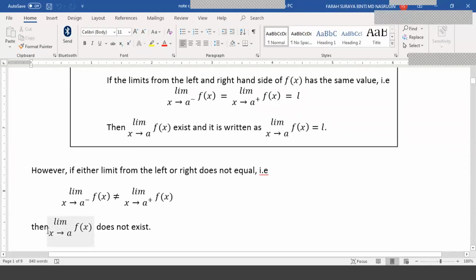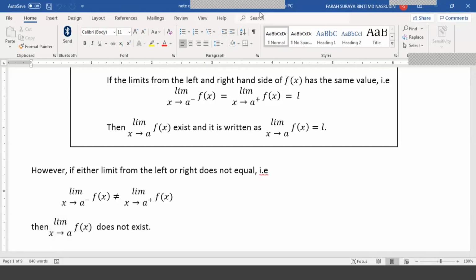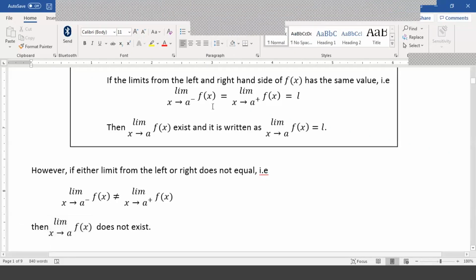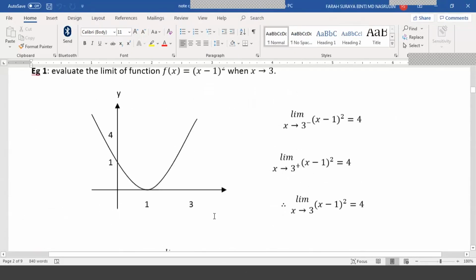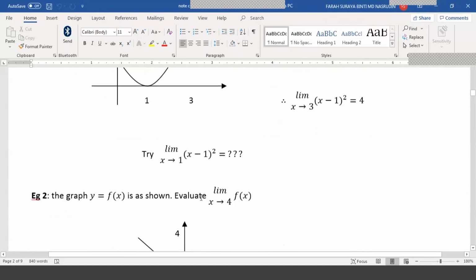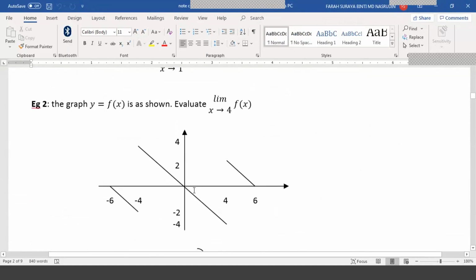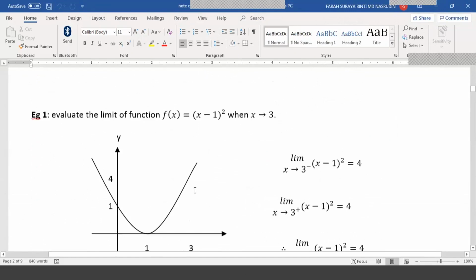Macam mana saya buat tadi? Okay, tak boleh kat sini, nanti kita akan tengok example yang limit dia not exist.